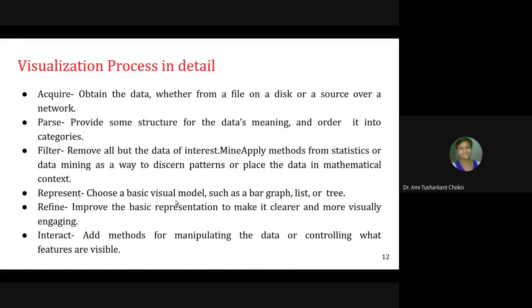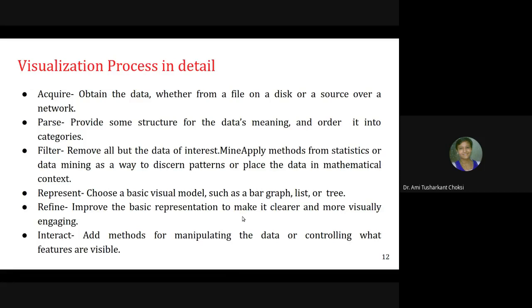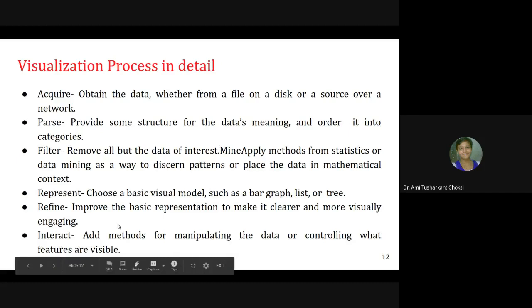Choose a basic visual model such as bar graph, list, or tree. Then what we do is refine. Improve the basic representation to make it clearer and more visually engaging.